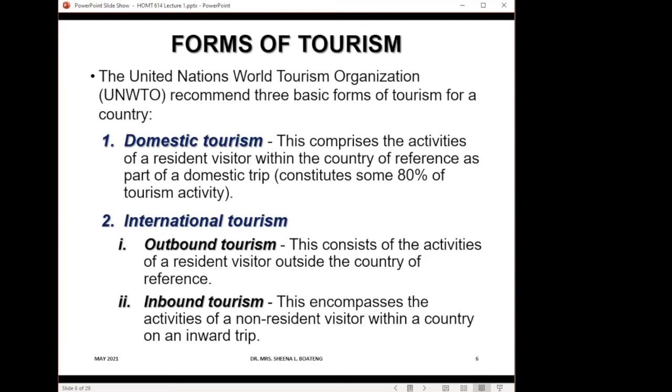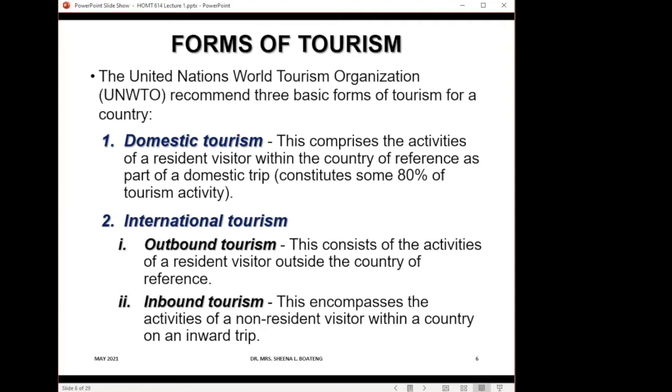Then international tourism is the movement outside of the country. However, it's in two forms: outbound and inbound international tourism. Outbound tourism consists of the activities of a resident visitor outside their country of reference. Inbound tourism encompasses the activities of a non-resident visitor within a country on an inward trip.